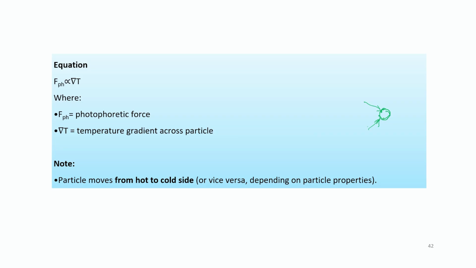Somewhere it will be cold, somewhere it will be hot. It will depend on the direction of the light, and because of the uneven light falling on your particle, a temperature gradient is created, that is a hot side and a cold side. So your particle is going to move from hot to cold side, or it can also be vice versa, depending on the particle properties.